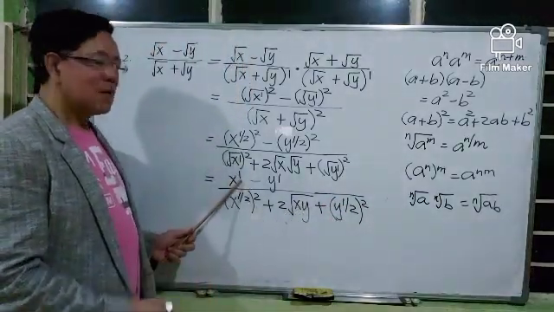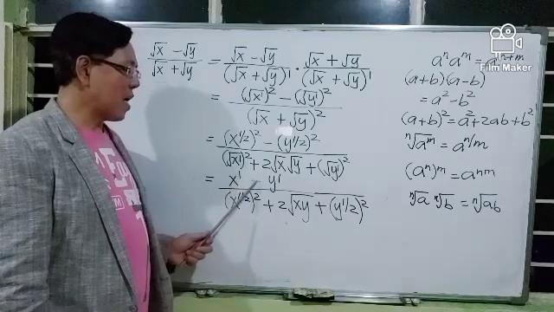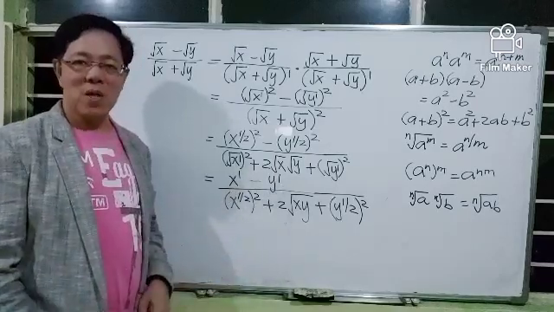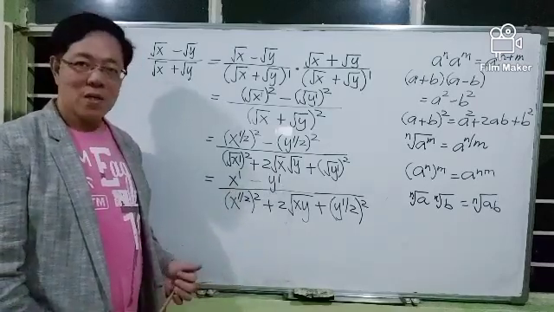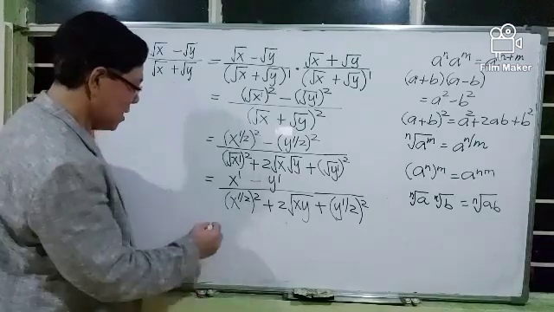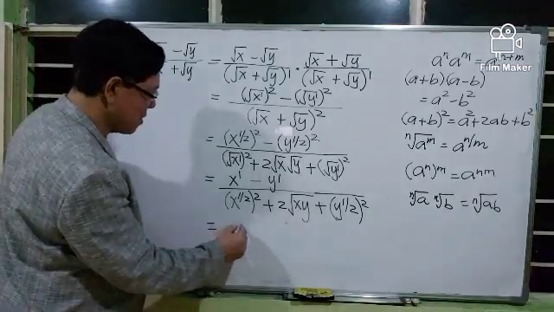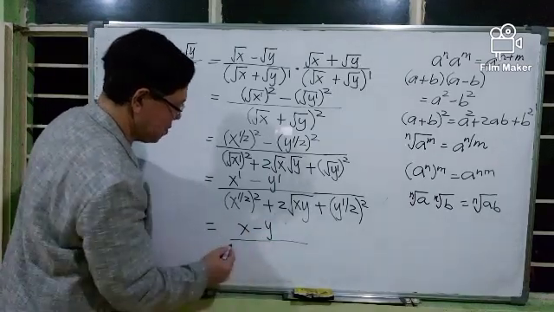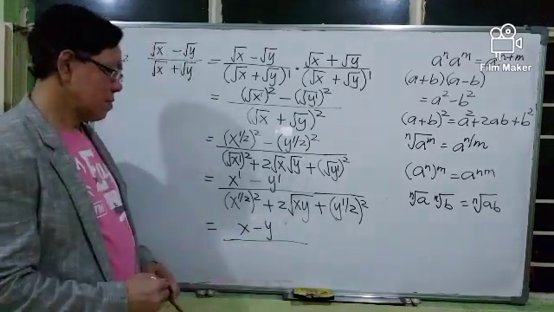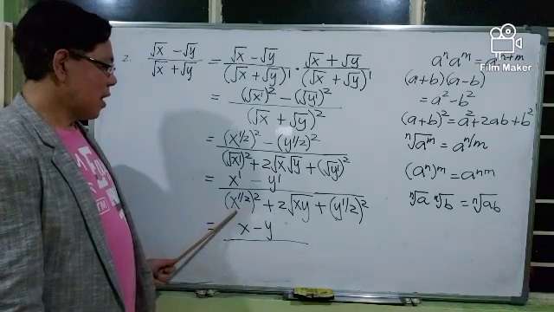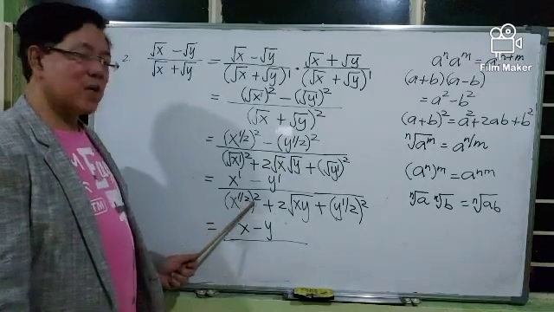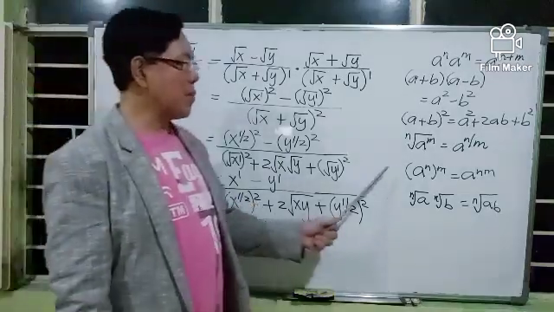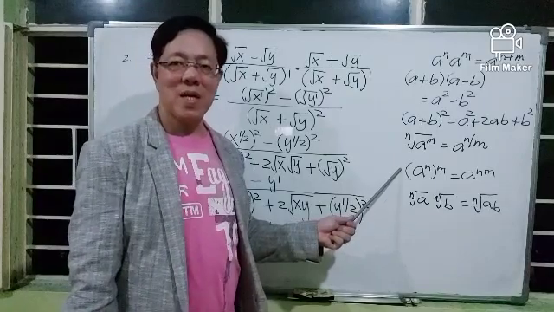Now we remove the exponents 1 from x and y, because if the exponent is 1, we no longer write 1. And in the numerator, we simply write x minus y over, we have x raised to 1/2 raised to 2. To simplify, we apply this property of exponent.